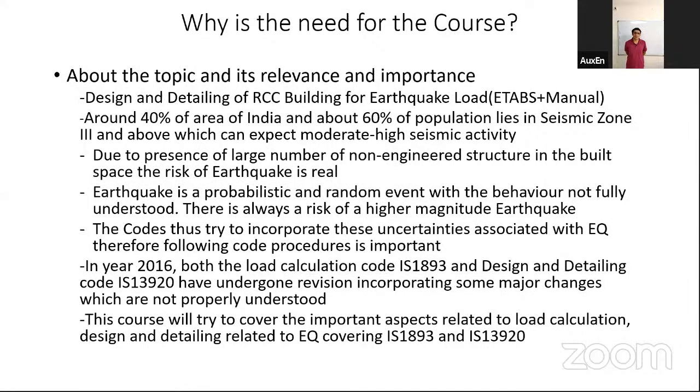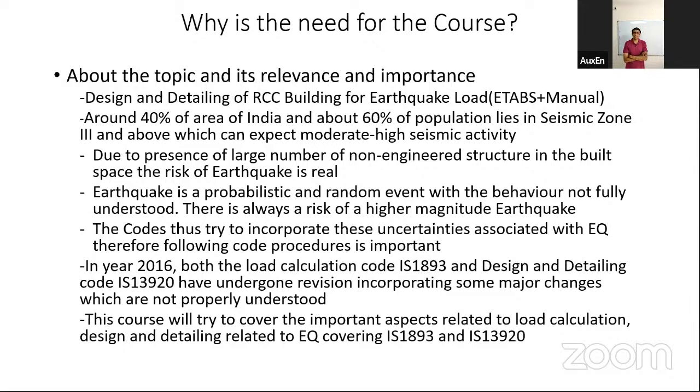But if you see the population distribution, you will find that around 60% of the population lies in a seismic zone that is 3 and above. If you have happened to see the seismic zone map of India, you will find that the entire northern plains lie in seismic zones 3, 4, and 5.